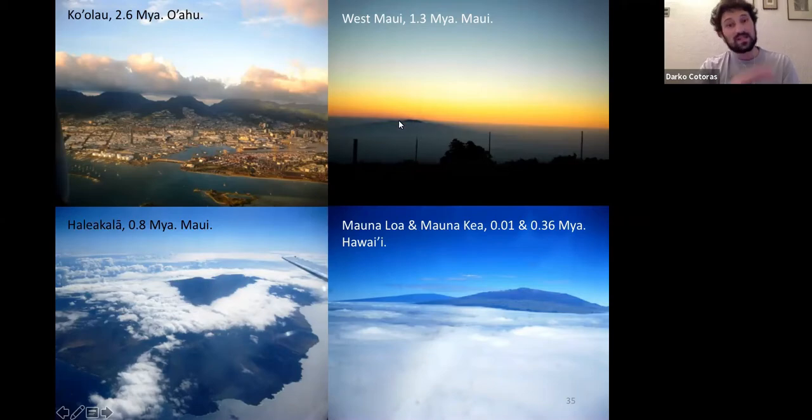West Maui does not have alpine environment, and all the way to the top is rainforest. Indeed, Pukukui is one of the wettest places on Earth. And on the Ko'olau Range on the back of Honolulu, we see that the inversion layer kind of covers the top of the mountains. So keep this idea in mind. As the islands get old, they are sinking, and the amount of rainforest area also is shrinking.